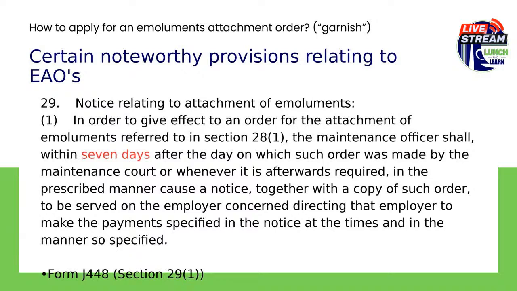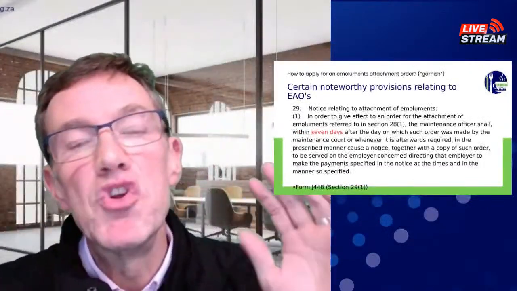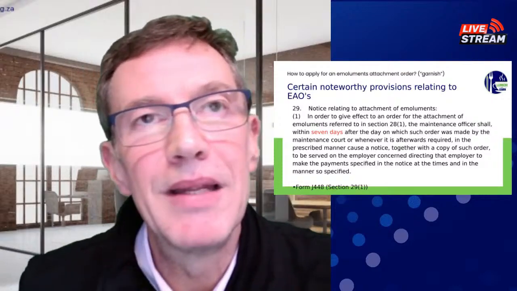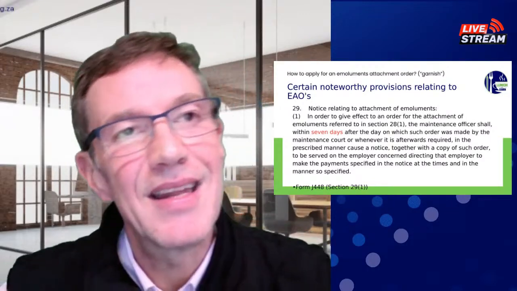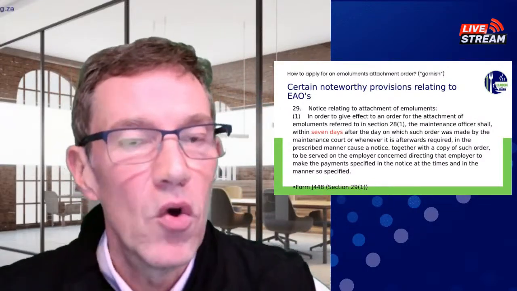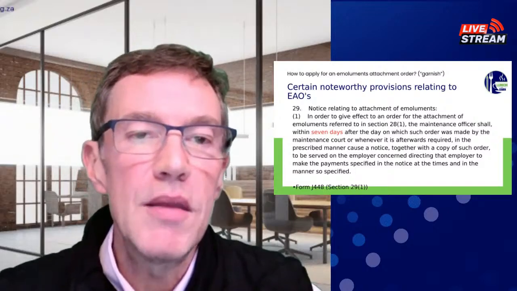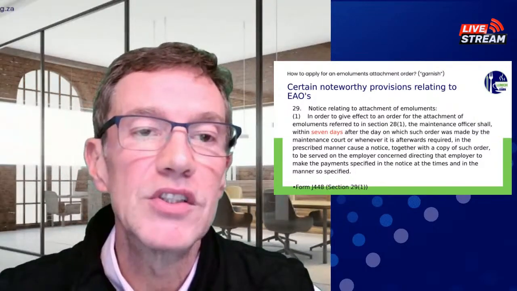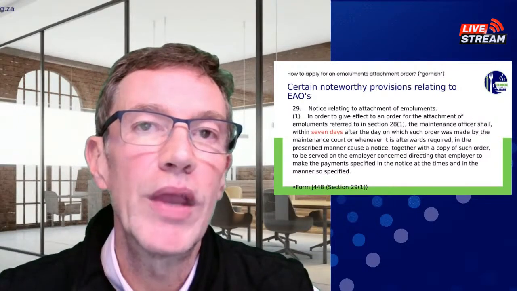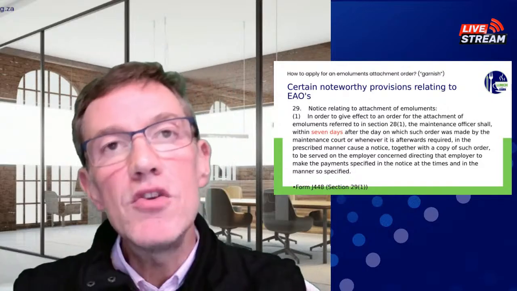So this thing that garnishing orders take forever, it takes months, even years in order to be implemented, is plain rubbish. In terms of section 29, it says that the order needs to be sent through to the pay office of the employer within 7 days.